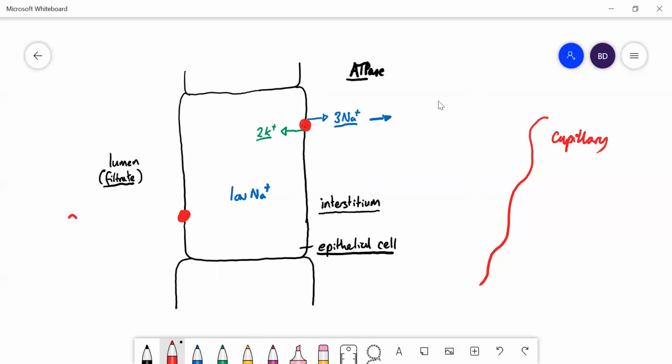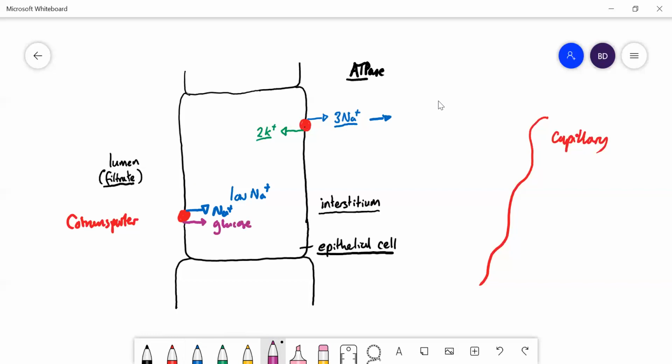What it does is transfer 1 sodium ion into the cell, and that's down the concentration gradient. At the same time, going against the concentration gradient, it's going to take a glucose across.